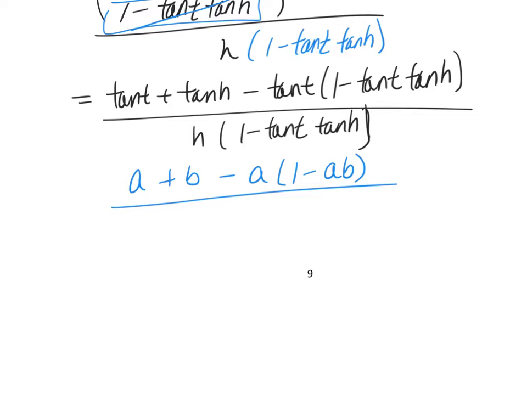How would I do this? What if I were to distribute that negative a through? Then where am I? If I distribute the negative a through, I'd have a plus b minus a plus a squared b.